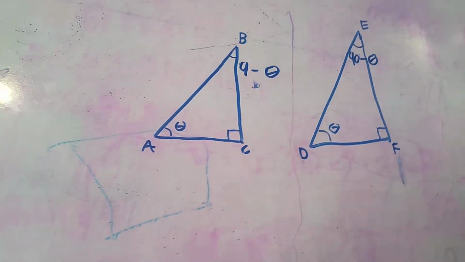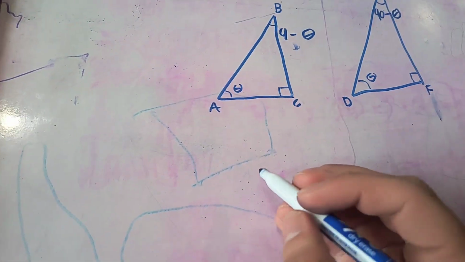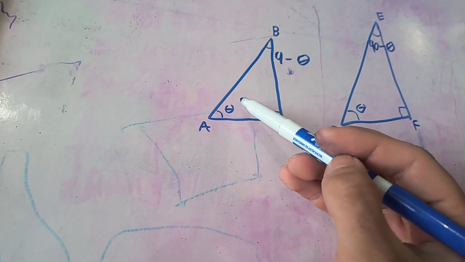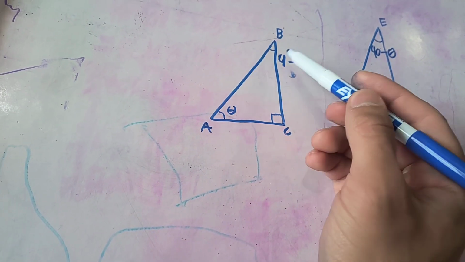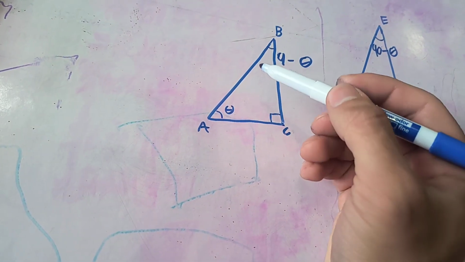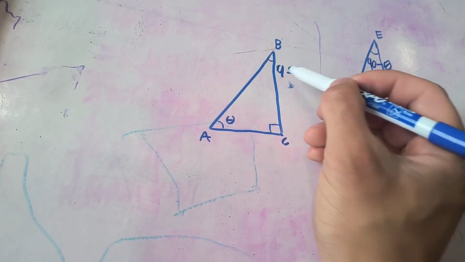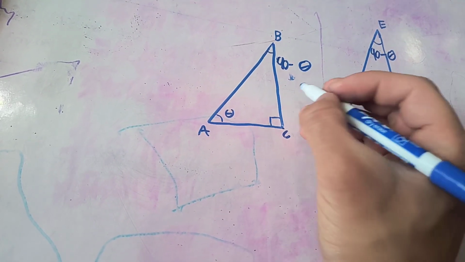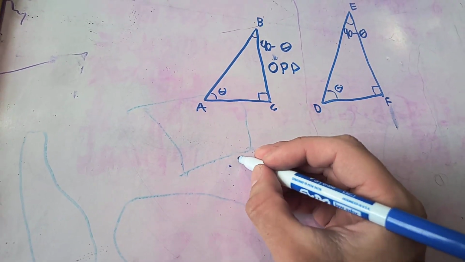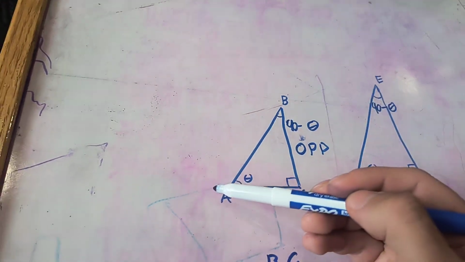The ratios of their sides will be the same. Meaning that if we look at theta, we take the ratio of BC over AB, or this side that's opposite to theta, which is BC over the hypotenuse, AB.